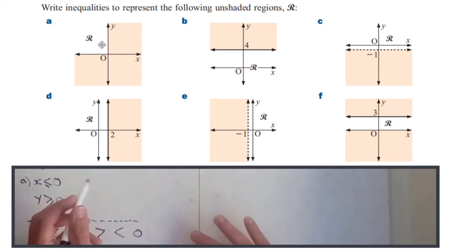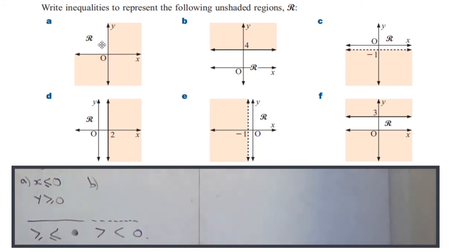Okay, part B. Here you've got the region we want here. This is the unwanted bit that's been shaded. So it's different to part A. It's only really a horizontal line that's making the boundary. There's not 2 lines making the boundary here.